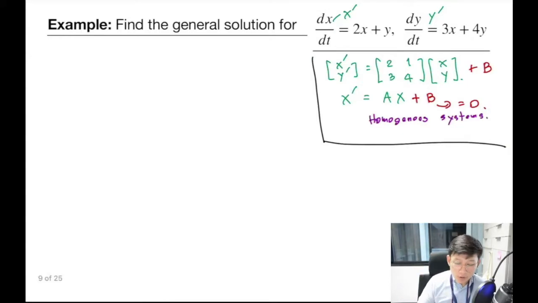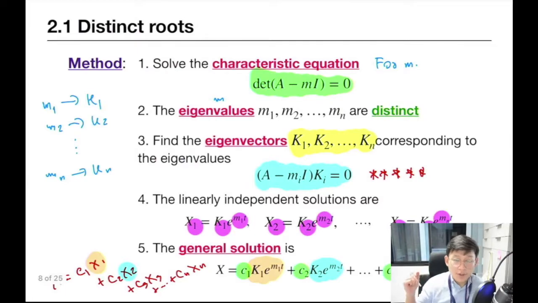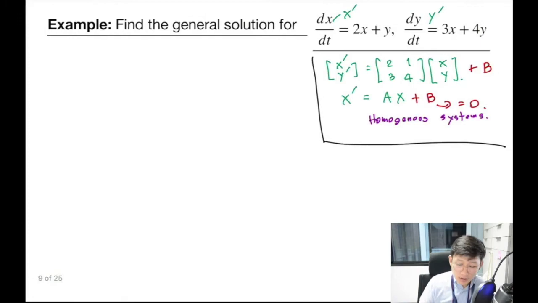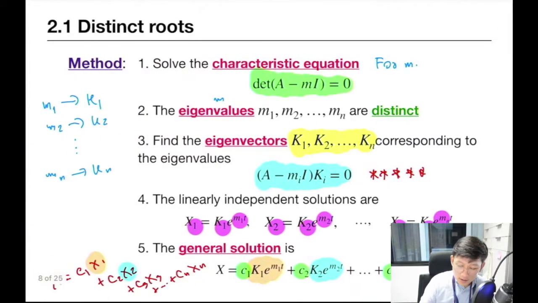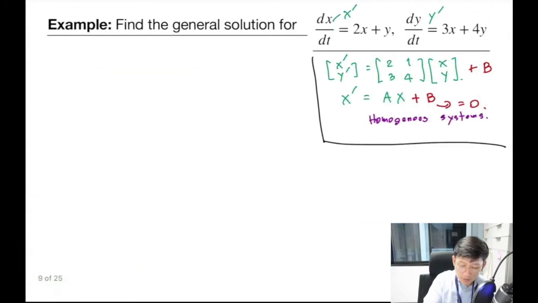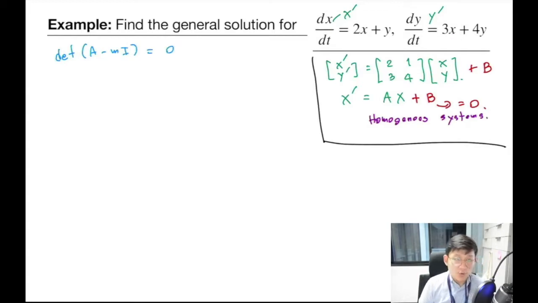Okay, so to solve it, let's get back to the method. First, we need to solve the characteristic equation. So the characteristic equation is the determinant of A minus mI equals 0.